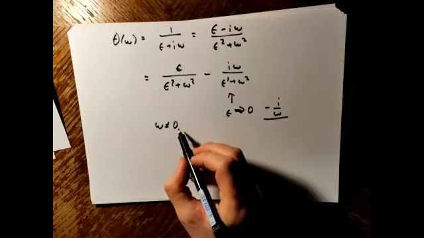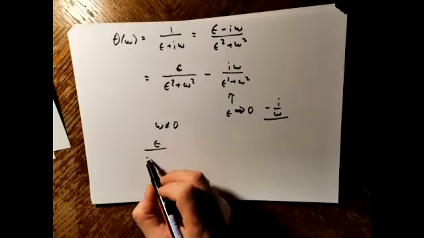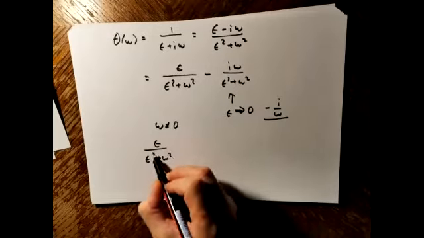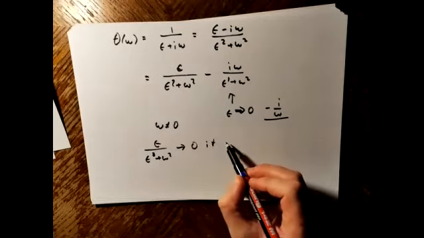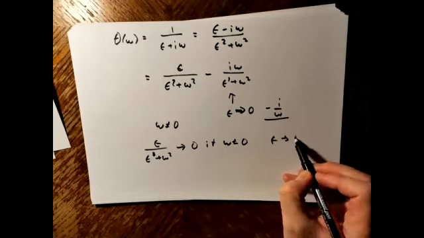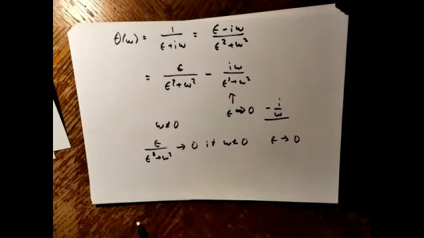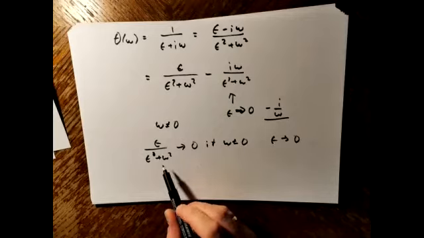So let me say epsilon over epsilon squared plus omega squared. This goes to 0 if omega is not equal to 0 when we take the limit of epsilon going to 0. However, if omega is 0, then what happens?